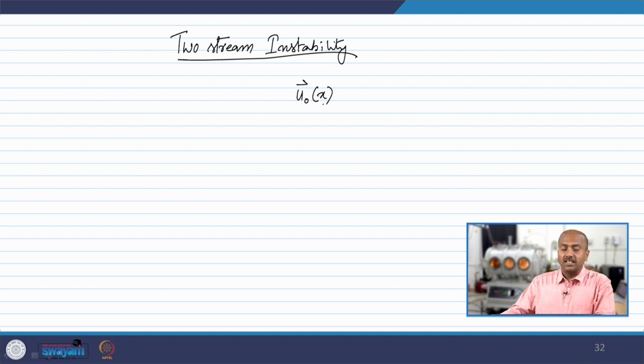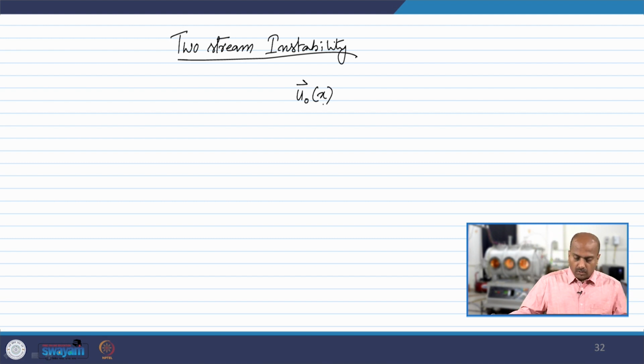What is the system? The system is a two fluid plasma in which both the fluids are drifting with respect to each other. So, they are not in unison, right, they are not moving together with the same velocity, rather there is a relative motion involved between these two fluids. That is why there may be a chance that some instability may occur and grow with time.